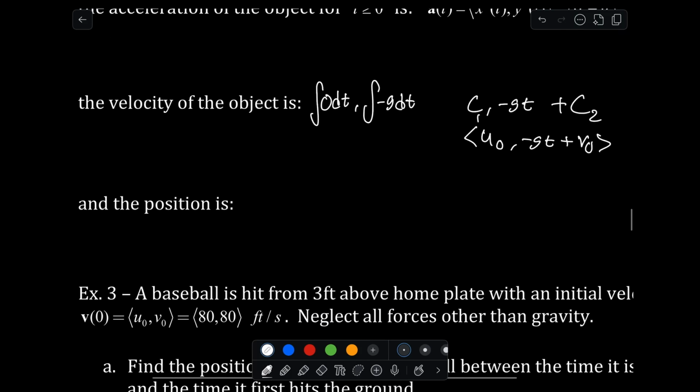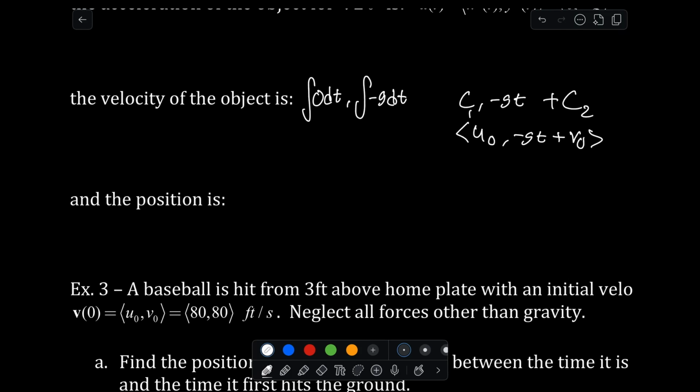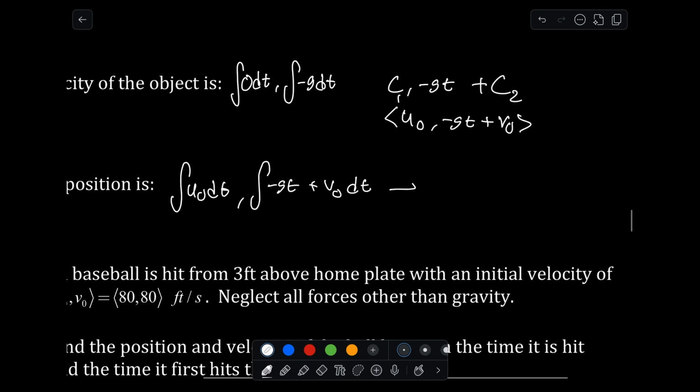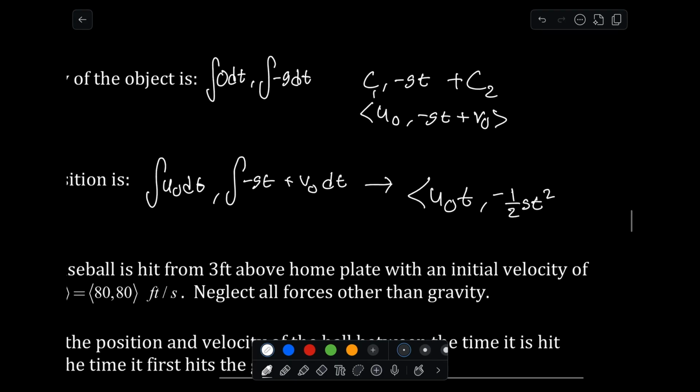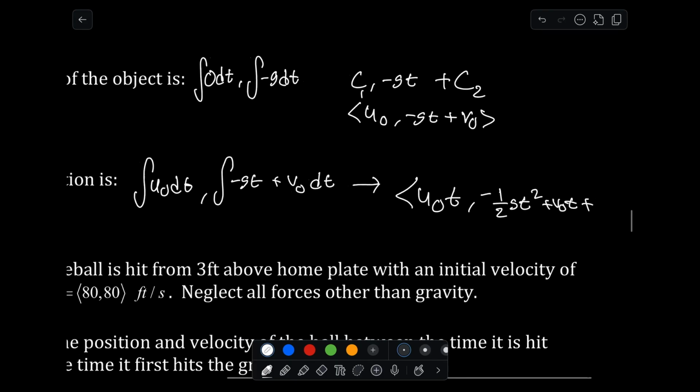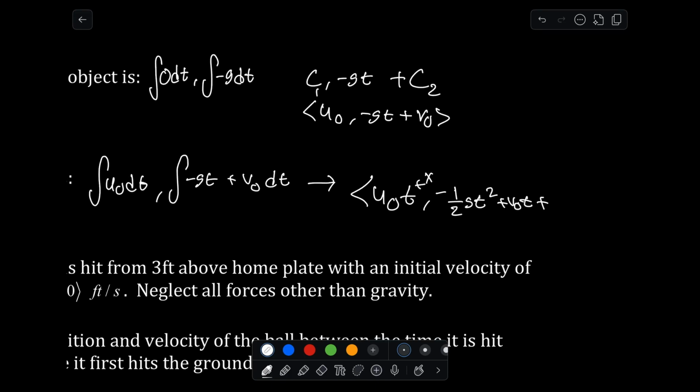And you take the antiderivative of this again, and you would get the integral of u naught dt, comma, negative gt plus v naught dt. And then you would get u naught t, negative 1/2 gt squared plus v naught t plus, oh, I forgot the x naught here, plus the y naught here.